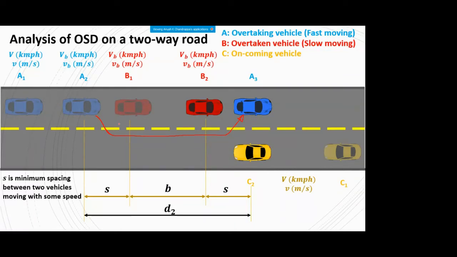From its definition, this S parameter is the minimum spacing between two vehicles moving with some speed. So it's a dynamic kind of distance, because if you take any two vehicles moving in a stream, they might have any speed value, and it's up to the driver's comfort level and experience what spacing the driver keeps between the front vehicle and his vehicle.